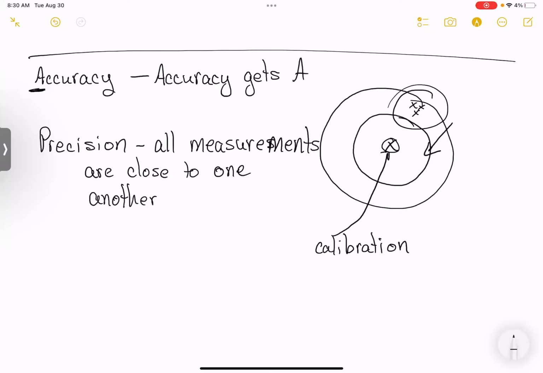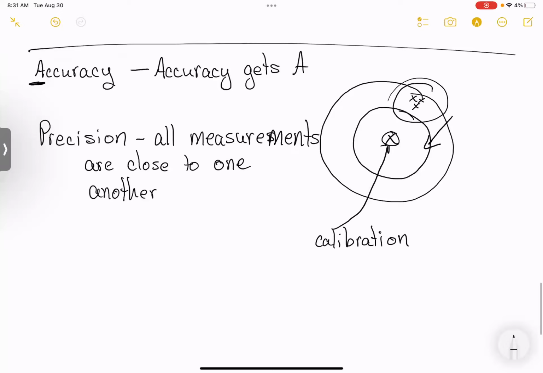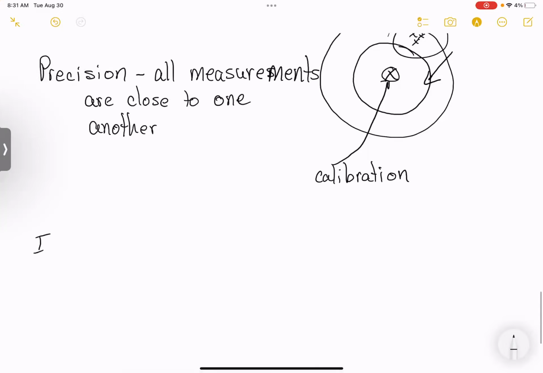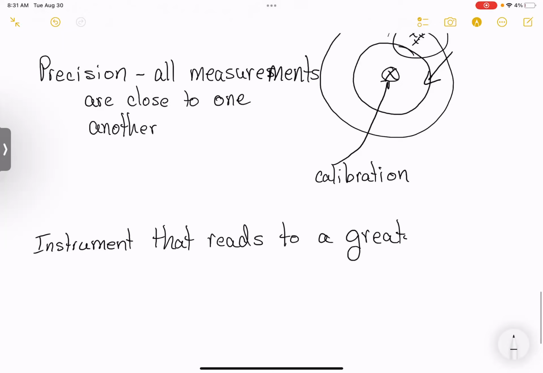So how could we inch closer to accuracy? We can choose an instrument that reads to a greater number of decimal places. And all this gives us greater precision.